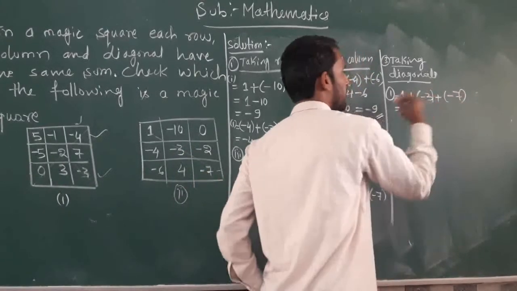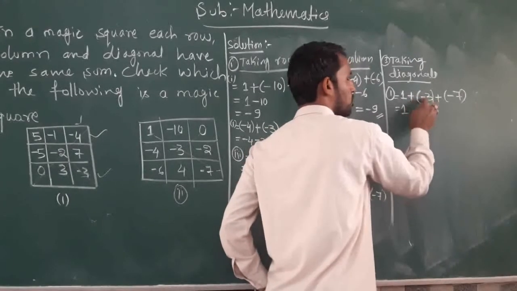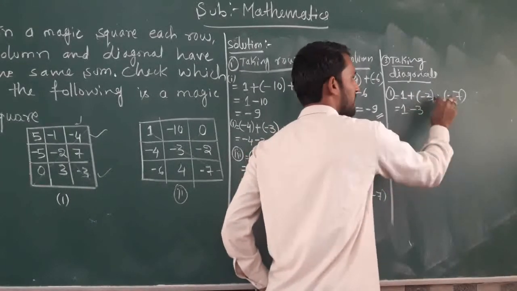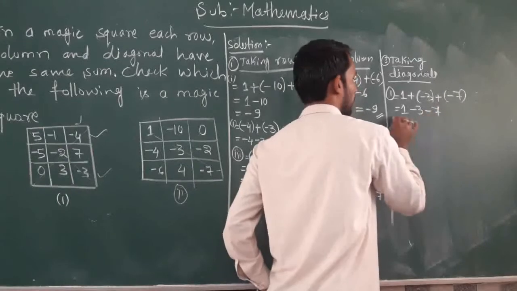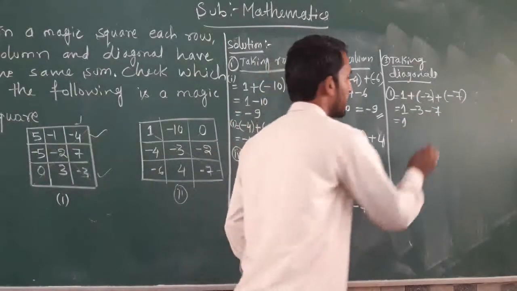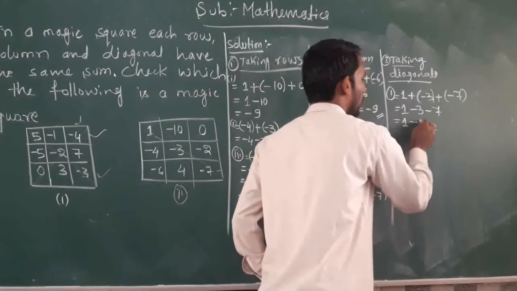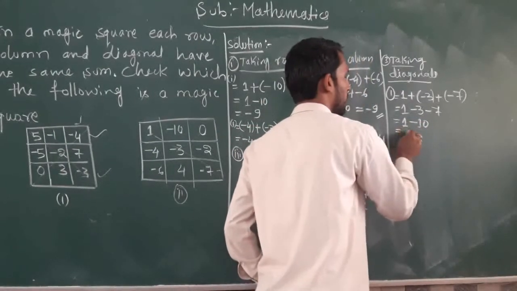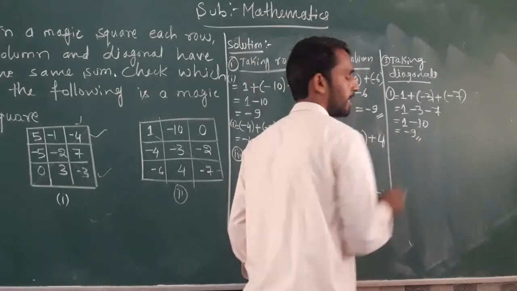When we add 1 plus into minus 3 plus into minus 7, adding negative integers we get minus 10. When we do subtraction, again we get minus 9.